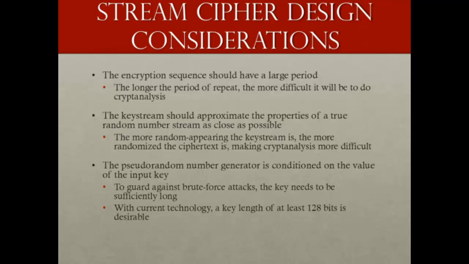Note from Figure 2.7 that the output of the pseudo-random number generator is conditioned on the value of the input key. To guard against brute force attacks, the key needs to be sufficiently long. The same considerations as applied to block ciphers are valid here. Thus, with current technology, a key length of at least 128 bits is desirable.